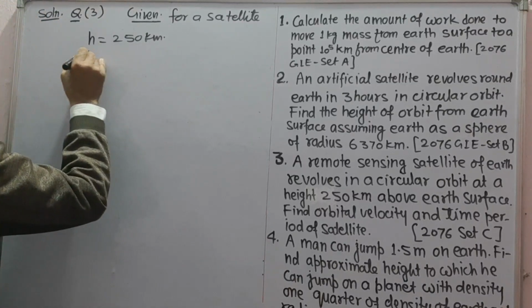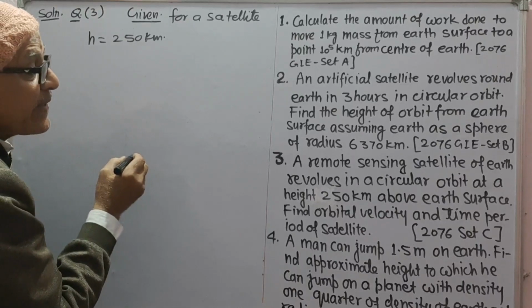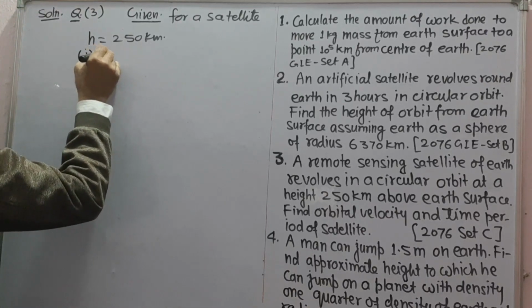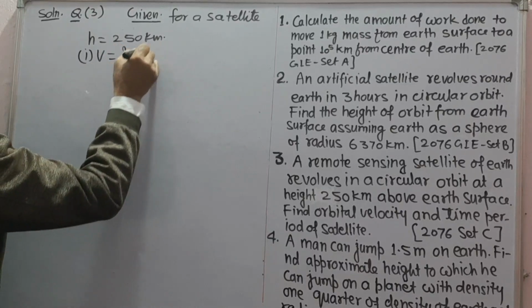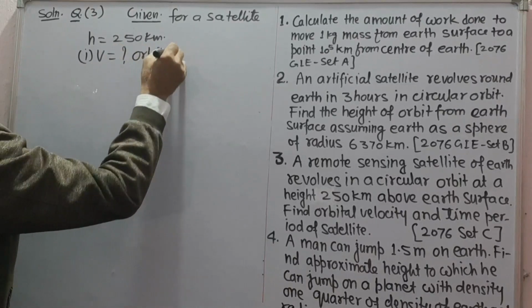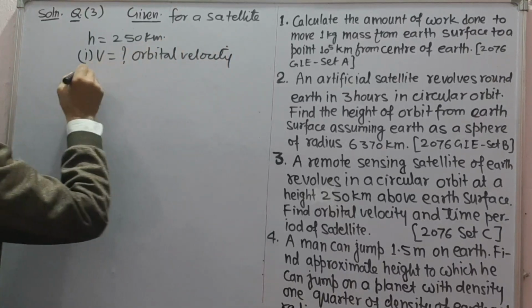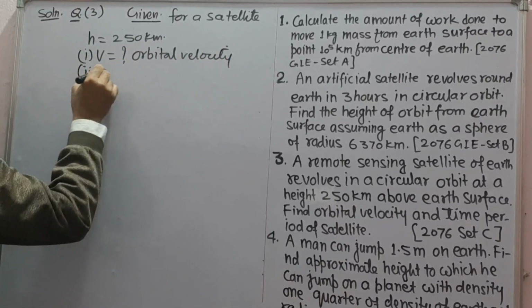We have to find the orbital velocity and time period. First we have to find V, orbital velocity, and second time period.